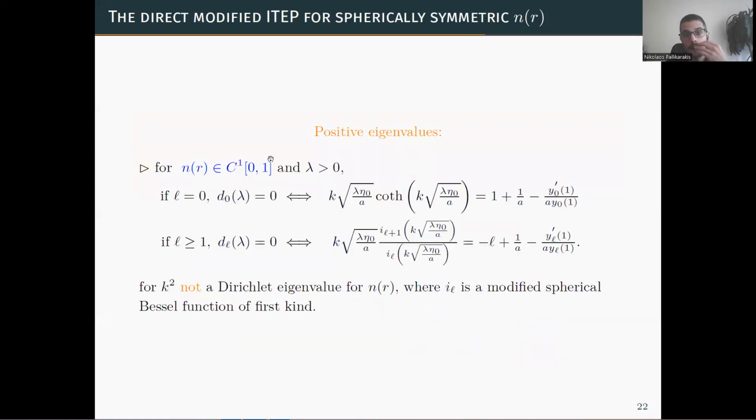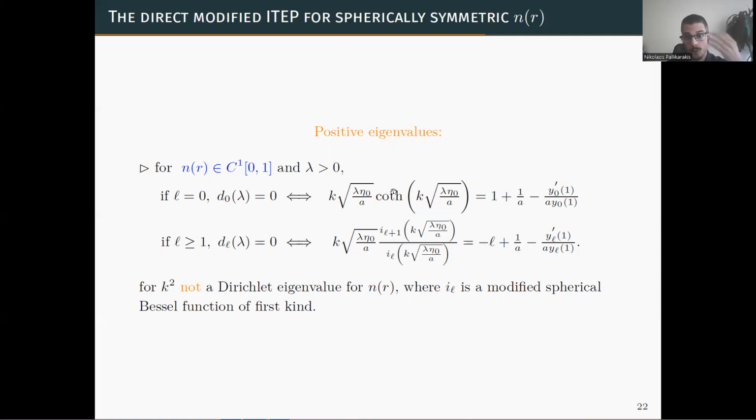But when lambda can be positive, lambda being a root is equivalent to being a solution of this equation here for zero order, and this equation here for higher orders, where these i_l are modified spherical Bessel functions. These equations are derived from the characteristic function by imposing the vanishing of the complex part of the spherical Bessel functions.